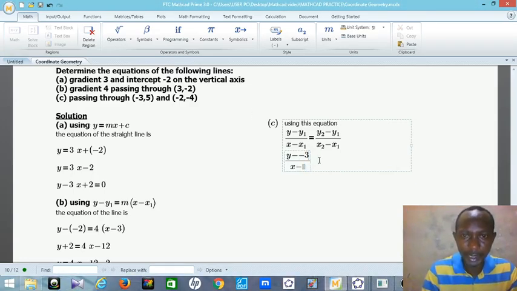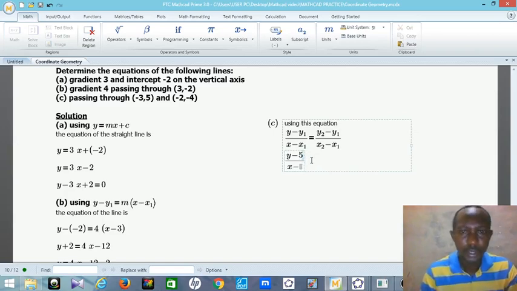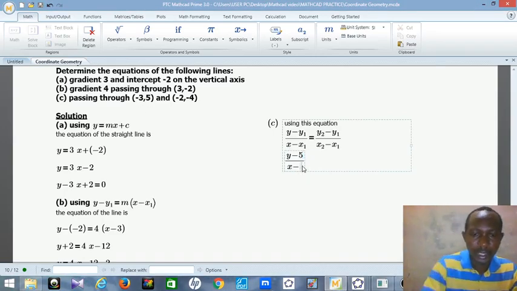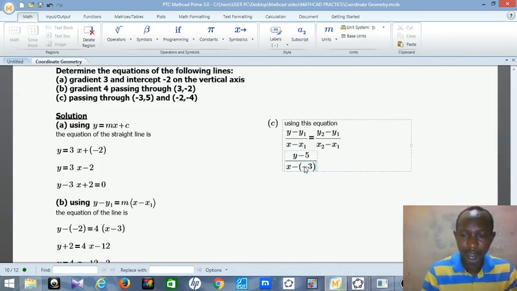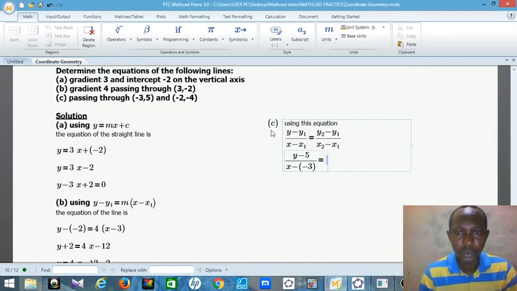So I don't even need the bracket now. It's 5. So y minus y1, so y1 is 5. This is the second coordinate. Then x1 is minus 3, so this place is going to be minus 3. Take note of that.